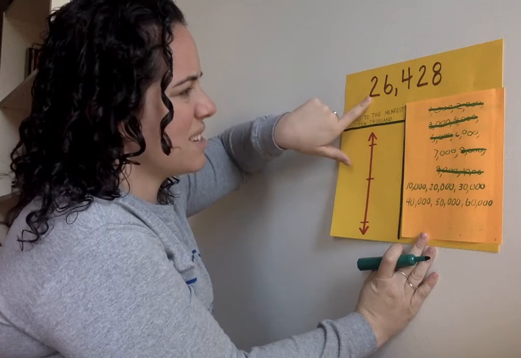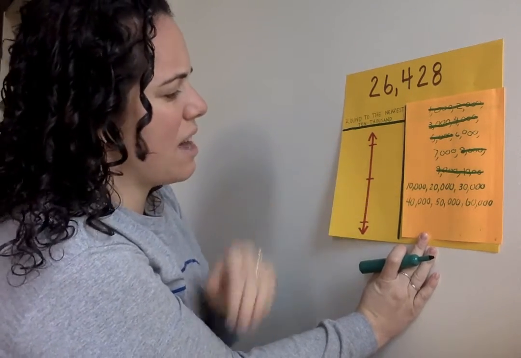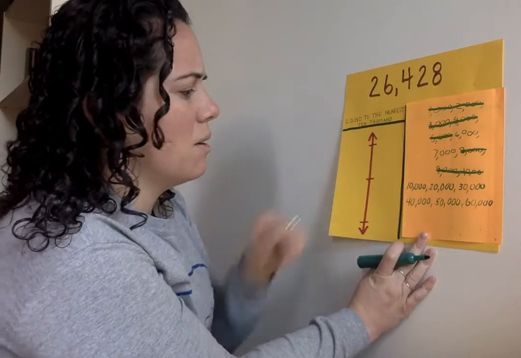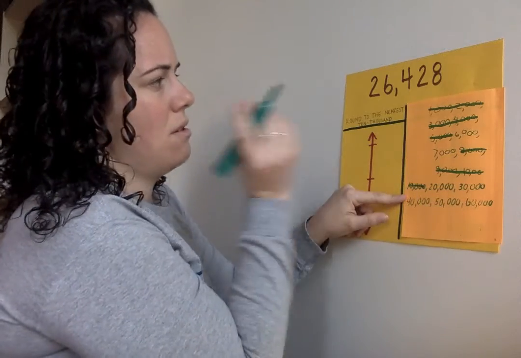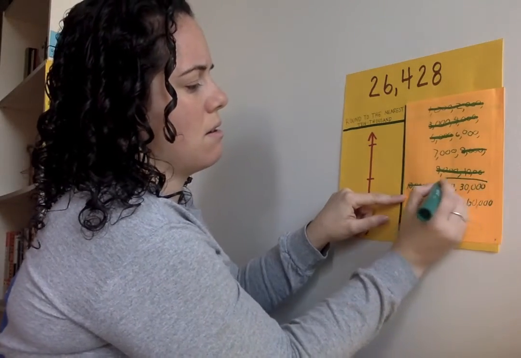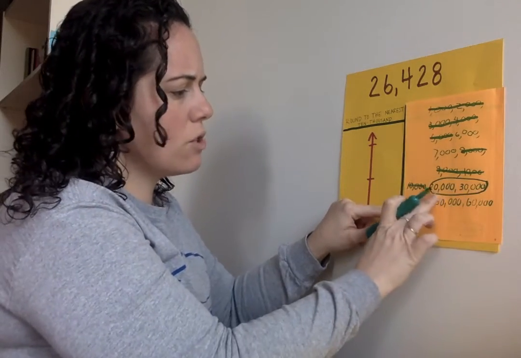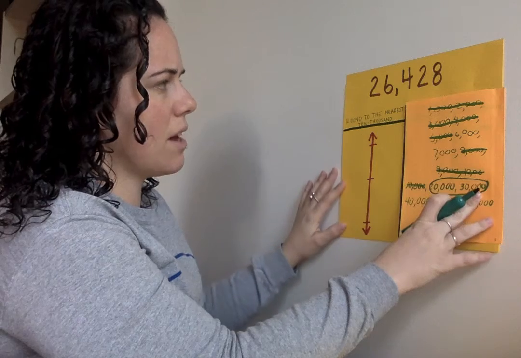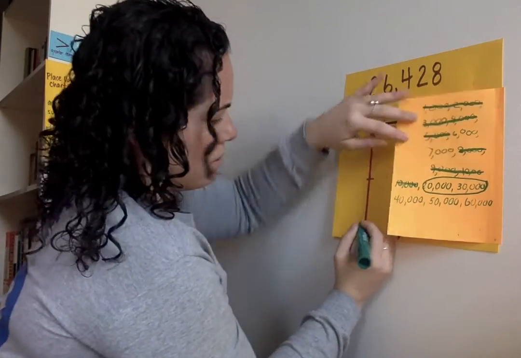Now the number 26,428, which 10,000s does it fall between? Well, it's definitely not between 10,000. Oh, it's here, between 20,000 and 30,000. That's what I'm going to label my number line.